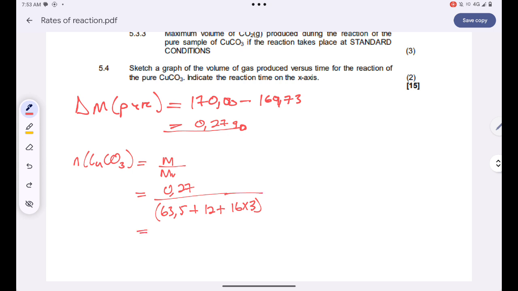So the number of moles is 0.27 divided by 63.5 plus 12 plus 16 times 3. This will give me 2.1862 times 10 to the power negative 3 moles.